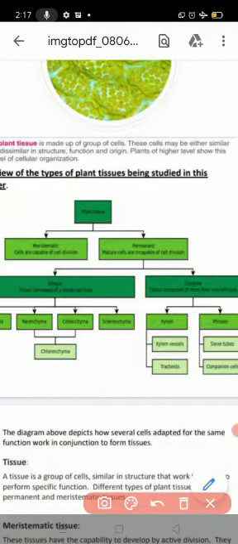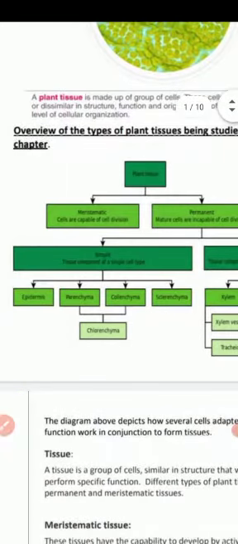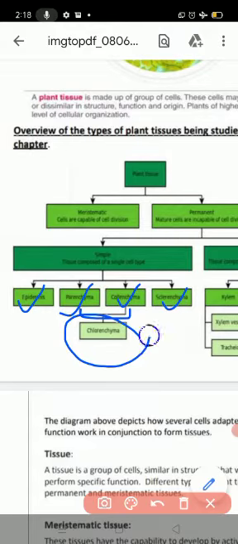Now learn about simple tissue. Simple tissue is divided into four categories. The categories are epidermis, parenchyma, collenchyma, and sclerenchyma. Parenchyma is also known as chlorenchyma.